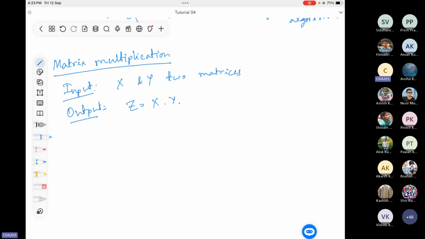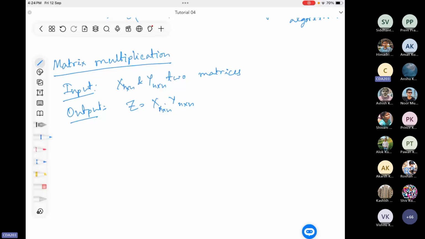So we are dealing with these n cross n matrices. And there is no restriction on the input of these matrices. These inputs can be integers, rationals, any number system or any field you want. So what are the elements of Z?